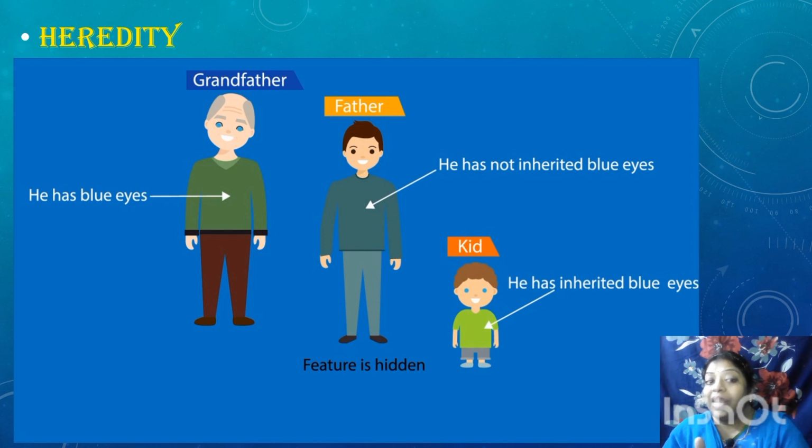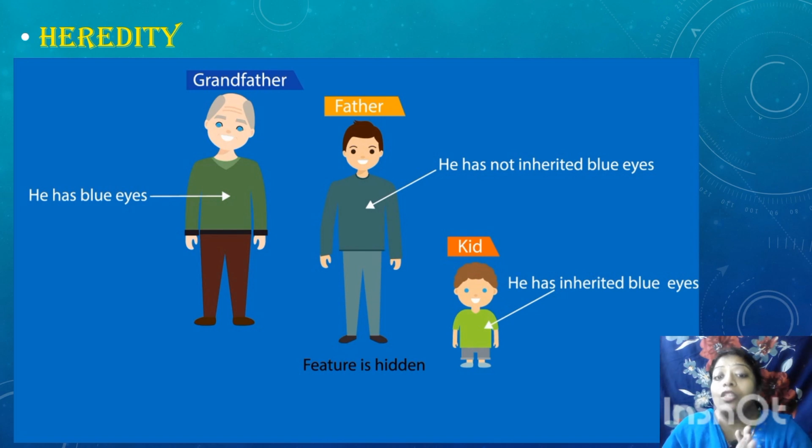But the next generation, that is, from the grandfather to the father, and the father to the child. When you see the third generation, it is very amazing and interesting that the progeny, the father's child, has inherited the blue eyes from the forefathers, that is, from his grandfather.